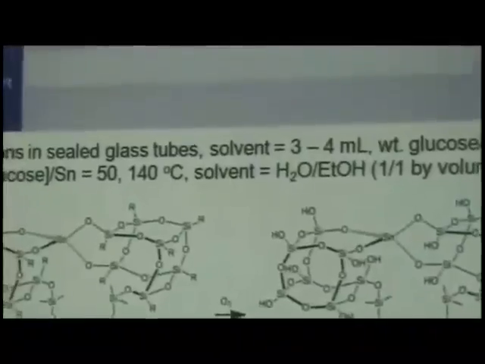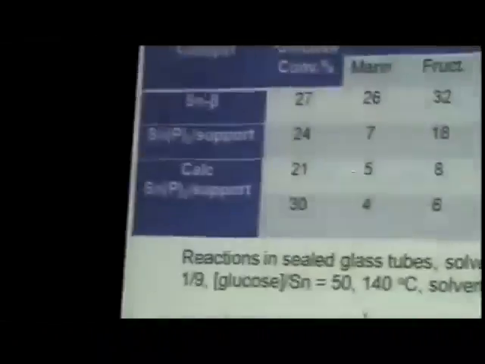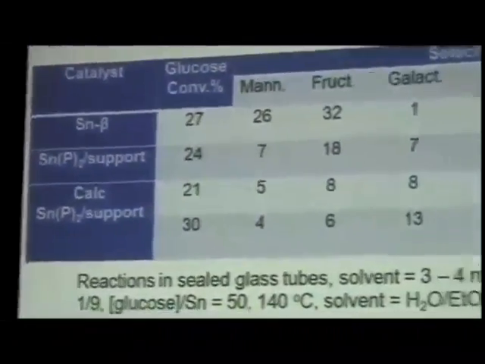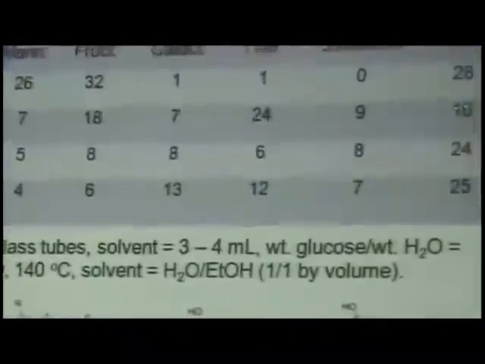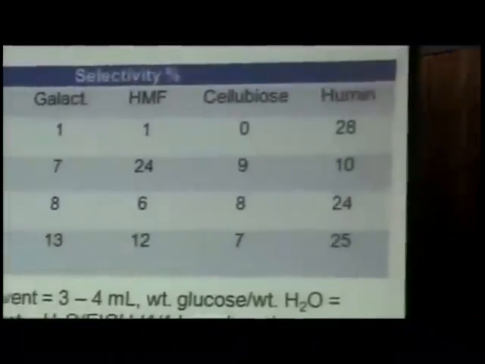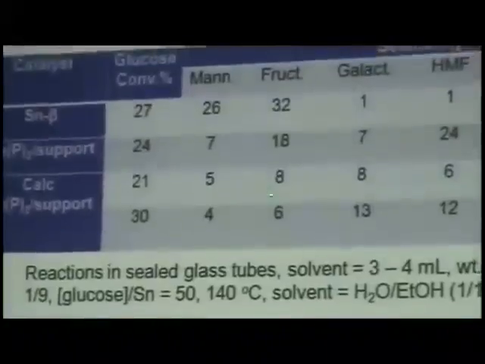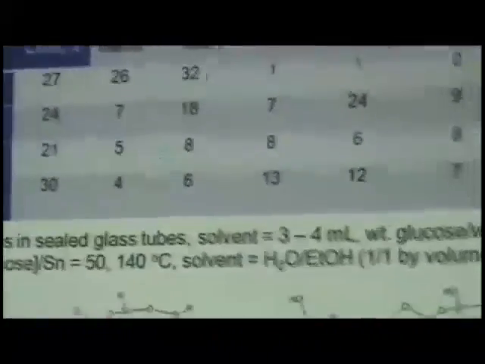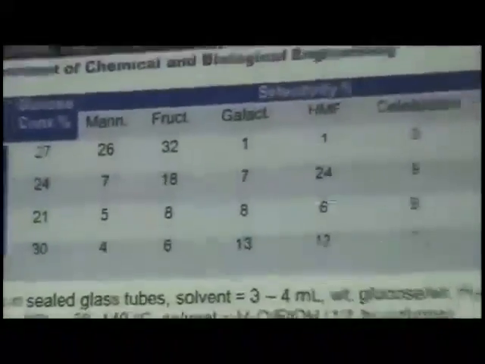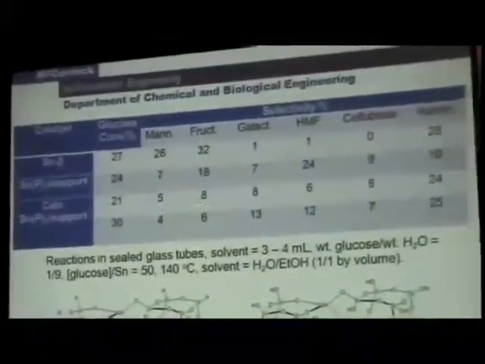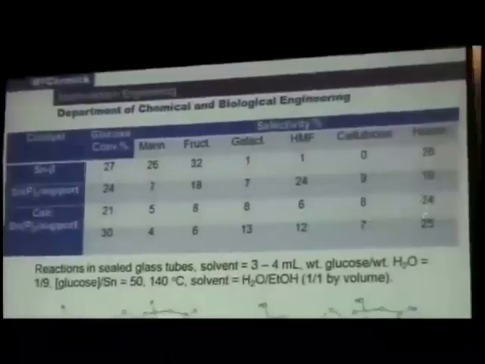So we burn it off and find out that now the reaction indeed produces more humins than the material that we have, and it's still active for isomerization, but the problem is that, as I said, it allows the reaction of fructose with HMF to form more humins.